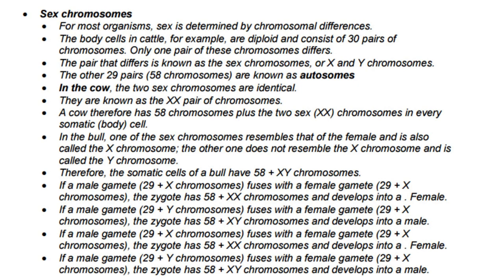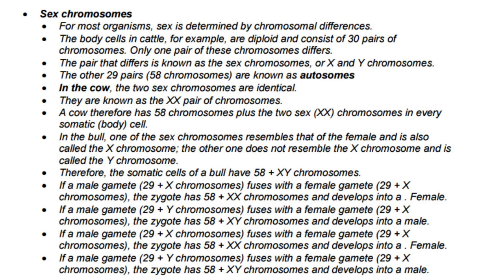If a male gamete, 29 plus Y chromosomes, fuses with a female gamete, 29 plus X chromosomes, the zygote has 58 plus XY chromosomes and develops into a male. If a male gamete, 29 plus X chromosomes, fuses with a female gamete, 29 plus X chromosomes, the zygote has 58 plus XX chromosomes and develops into a female.